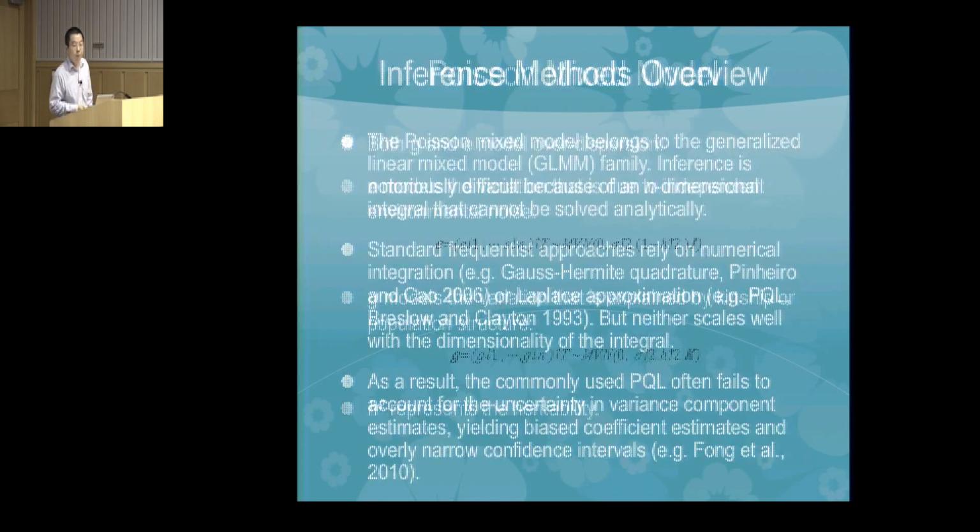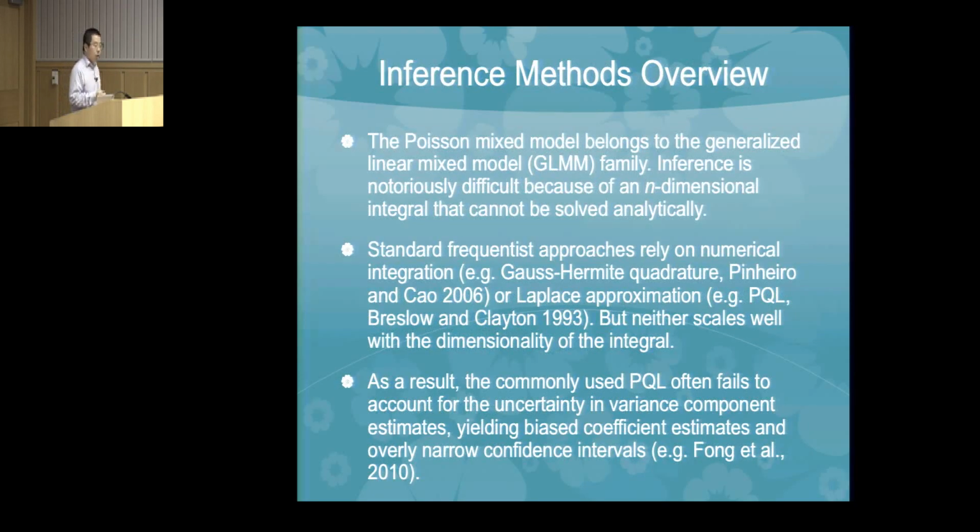This model is straightforward and intuitively makes sense, but fitting this model is actually quite difficult. That's because the model we're looking at is a Poisson mixed model, which belongs to the generalized linear mixed model family, commonly referred to as GLMM.